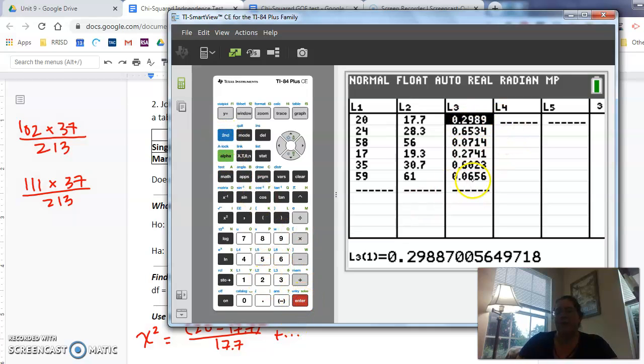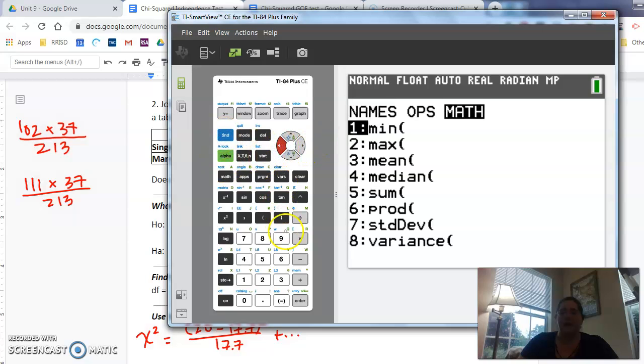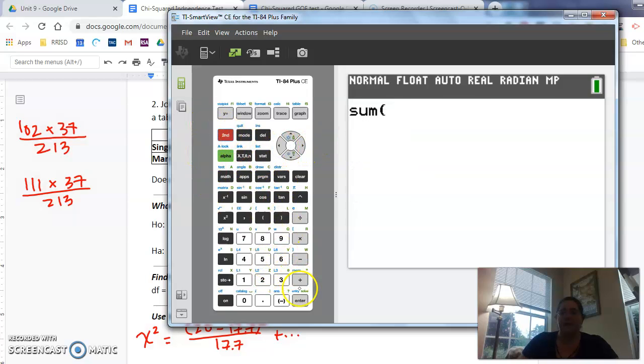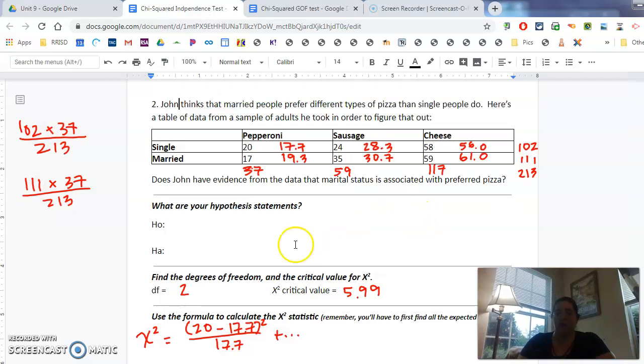That gives me all my individual chi-squared values, and I need to add them together. So I'm going to second quit, I'm going to do second, stat, math, and then sum of L3. And that is my chi-squared value, 1.97-ish. So that means down here, when I did each cell and added them all together, I get 1.97.